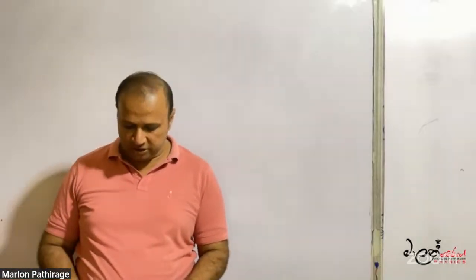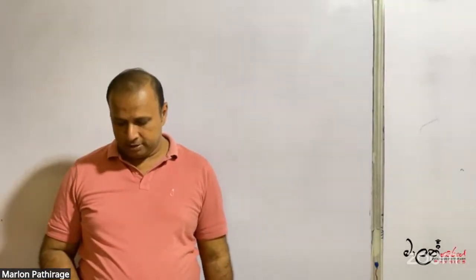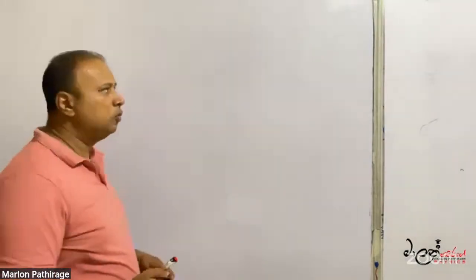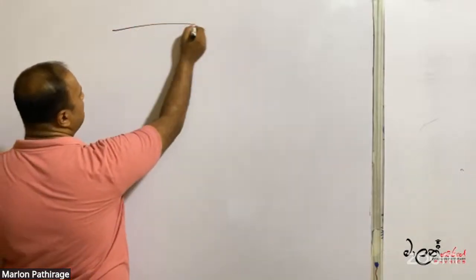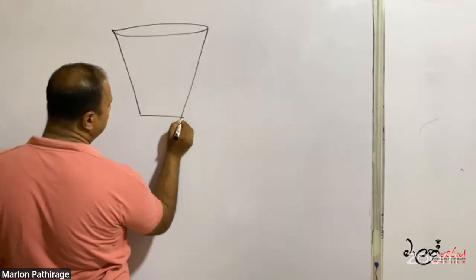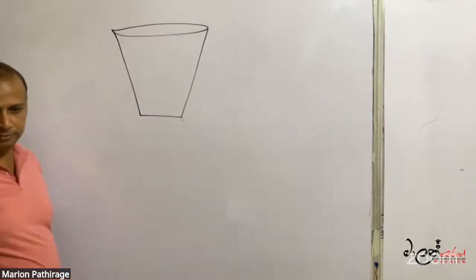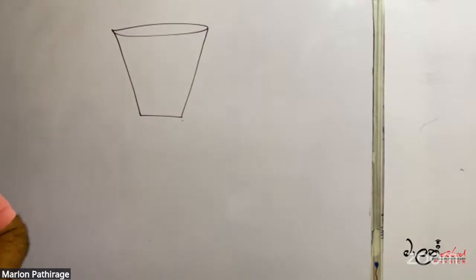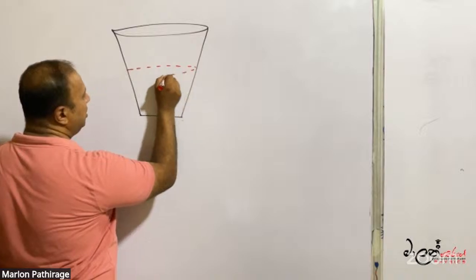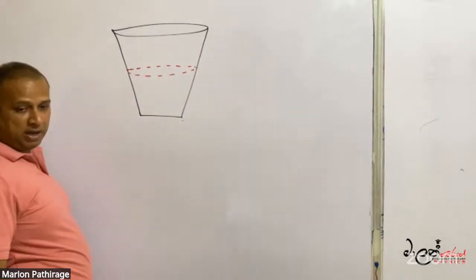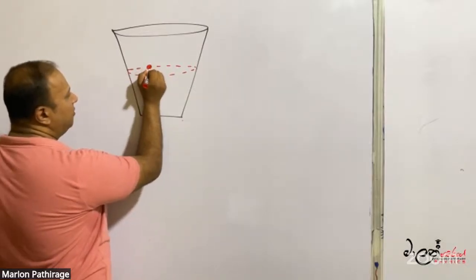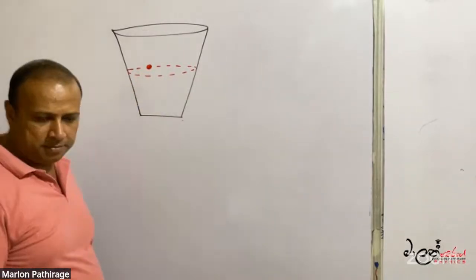Now this question is from 2001. Here there is a conical shaped vessel, and an object moving in a horizontal path in this vessel, and you are asked to mark the forces acting on it.